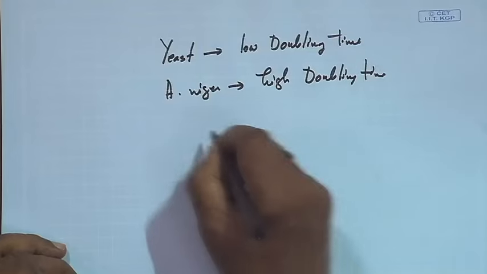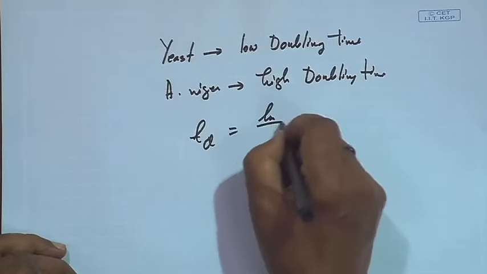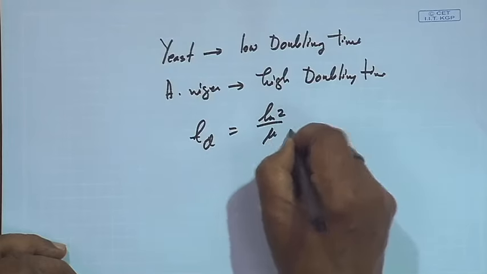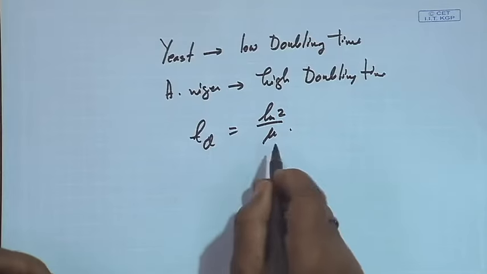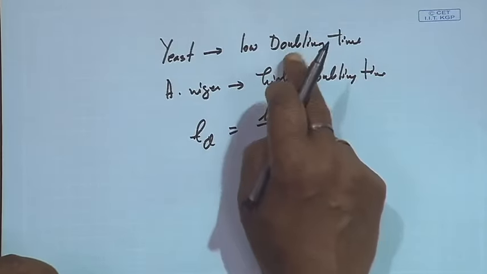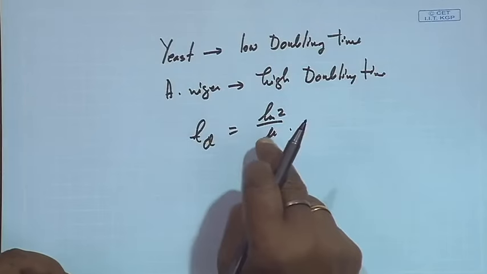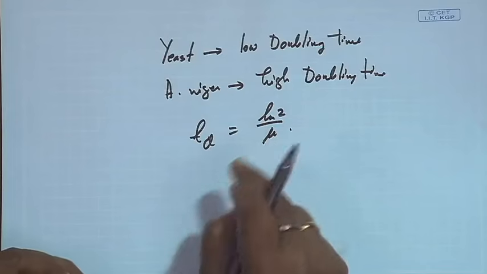Since the doubling time Td equals ln2 by mu, where mu is the specific growth rate, they are inversely proportional. If the doubling time is less, then mu will be high, and if the doubling time is high, then mu will be less.